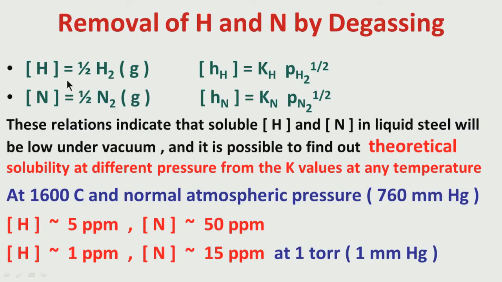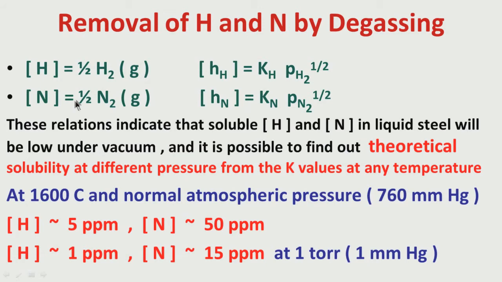This is the way hydrogen is transformed, that means hydrogen as element dissolved in liquid steel must get transferred to the surface, and then only it is possible to remove it as hydrogen gas at the liquid steel gas interface.